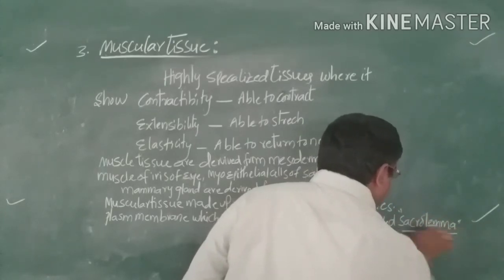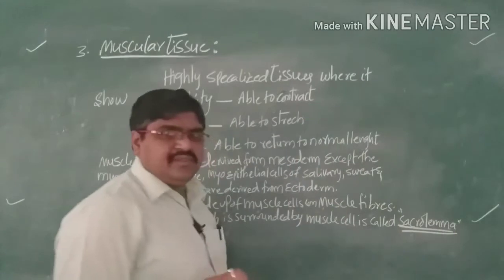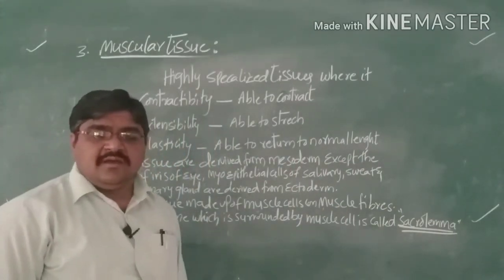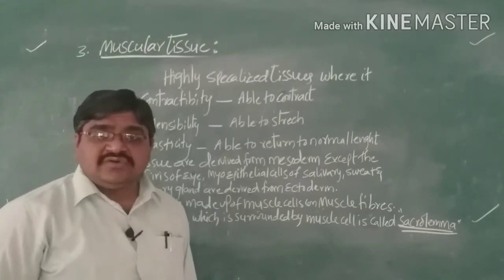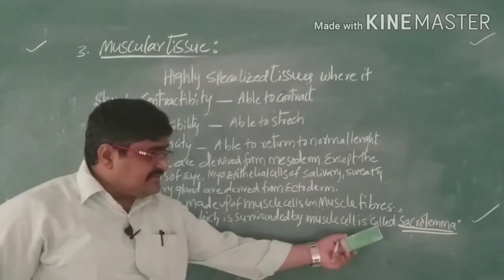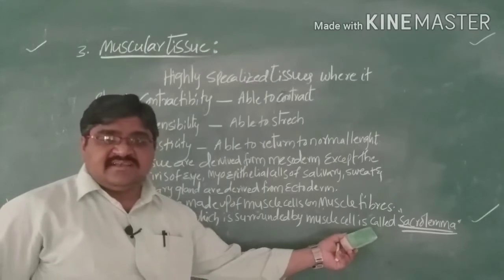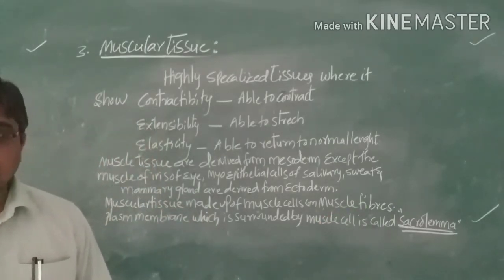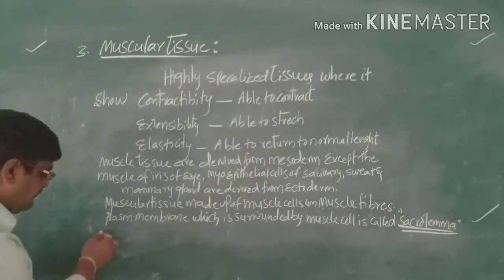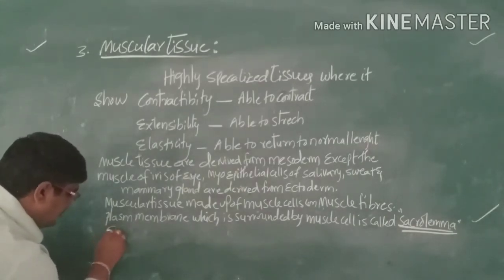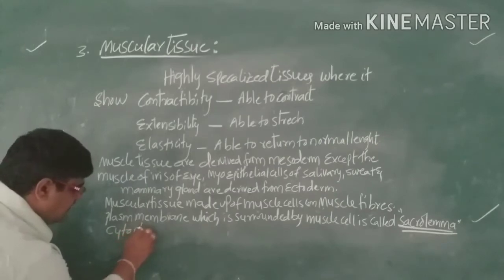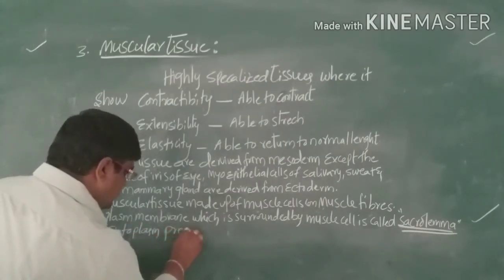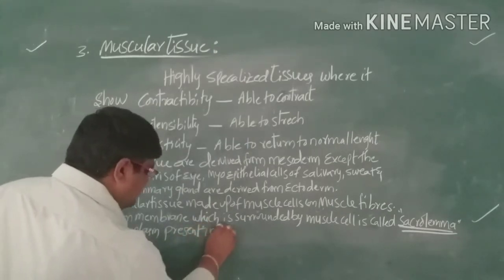Sarco means muscle, and lemma means plasma membrane. The plasma membrane surrounding the muscle cells or muscle fibers is the sarcolemma, and the cytoplasm present in muscle cells.